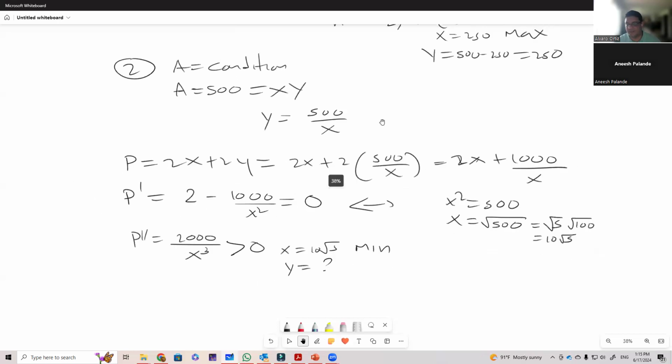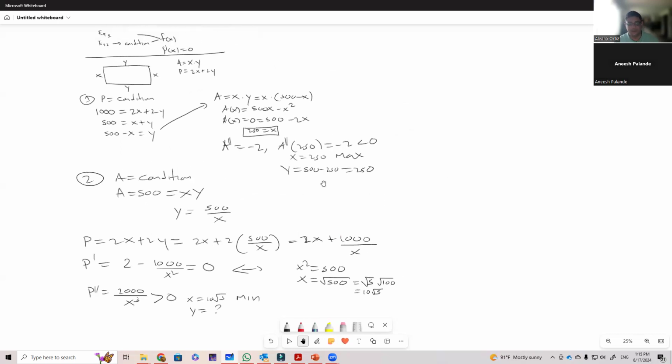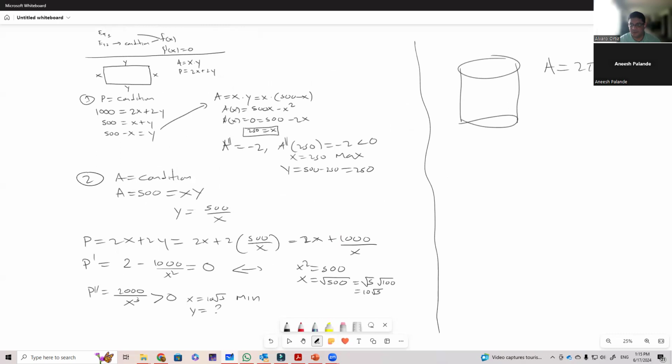This is typically the same setup for everything that you do in terms of optimization. You might have different functions. Sometimes you have a function that is dependent on something else. For example, you have the can example, where the surface area is 2 pi r times h plus 2 pi r squared.